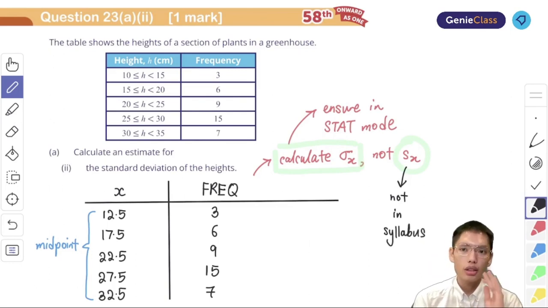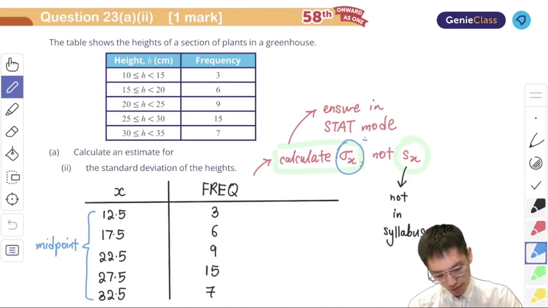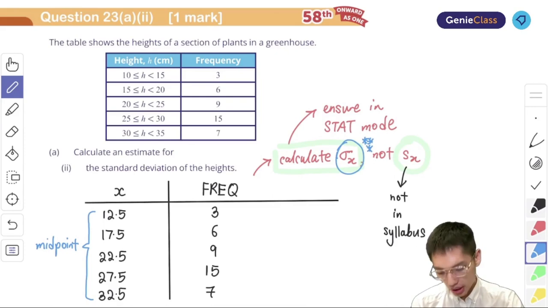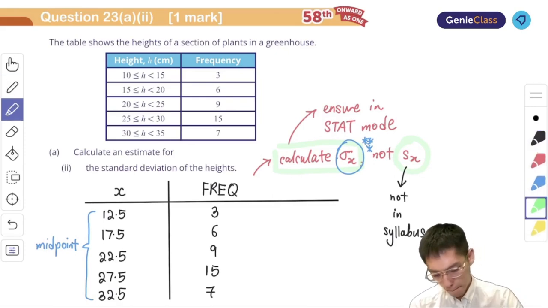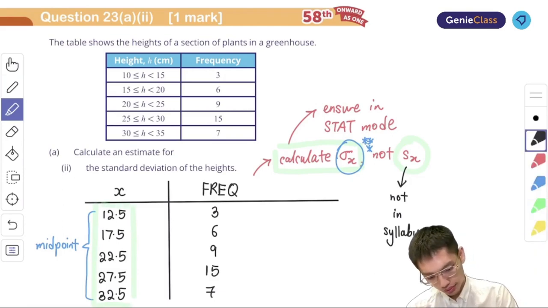Good thing is you don't have to know. We focus on this for your upcoming O-level exams. Just this one, the rest of it, no need to care. Main important thing again, make sure you are using the midpoint and ensure your calculator is in statistics mode.